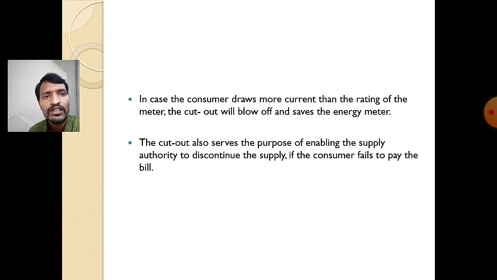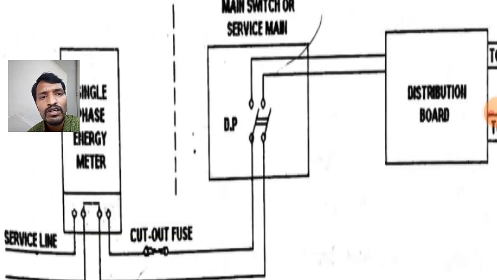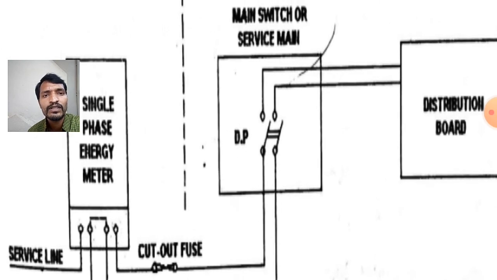The cutout also serves the purpose of enabling the supply authority to discontinue the supply if the consumer fails to pay the bill. Some consumers do not pay the bill due to financial or internal problems.